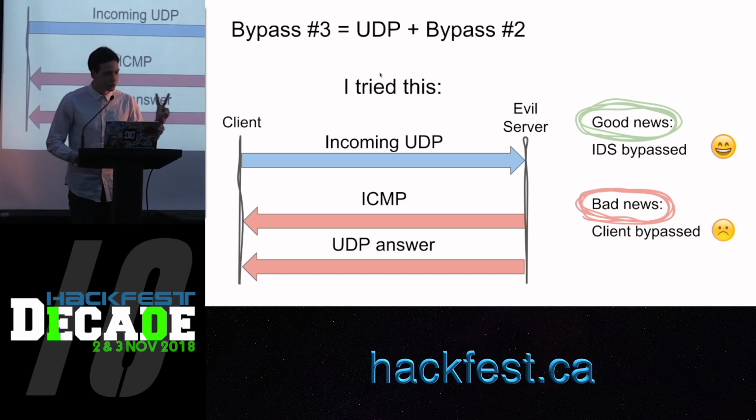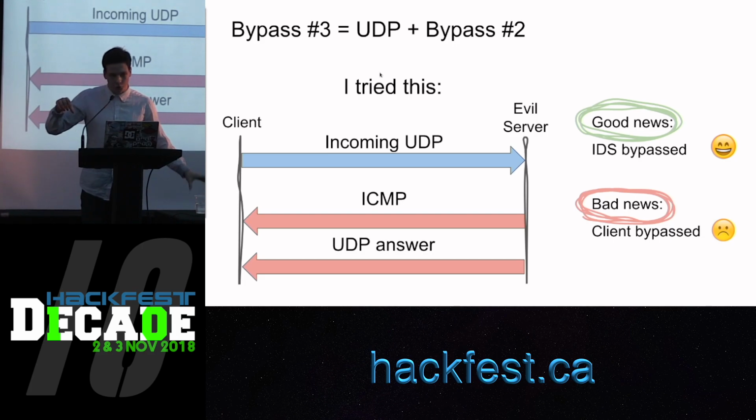So I have 2 pieces of news for you. The good news is that indeed, the IDS didn't see the UDP response packet. I mean that signatures that should find something malicious in this packet didn't find it. But the bad news is that the client also didn't accept the data.